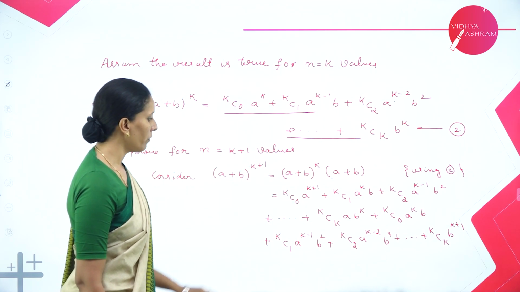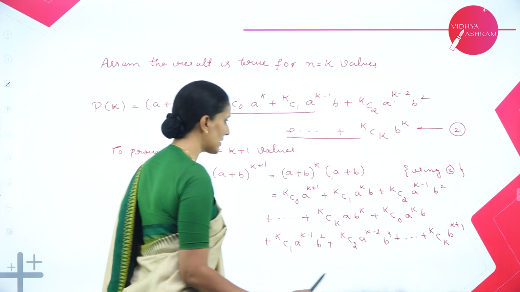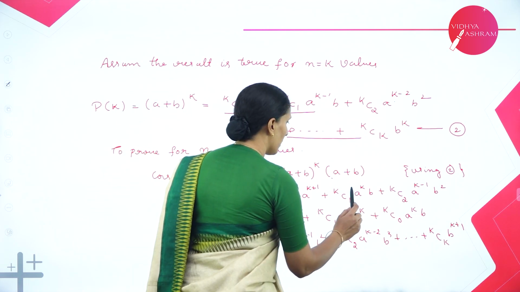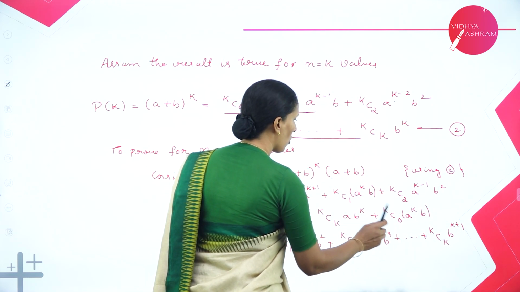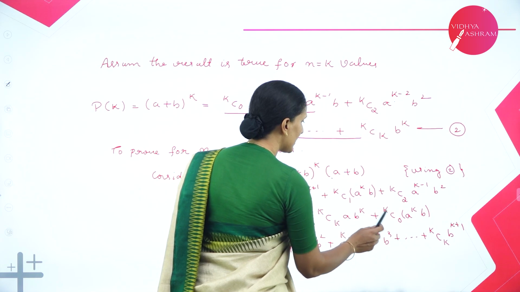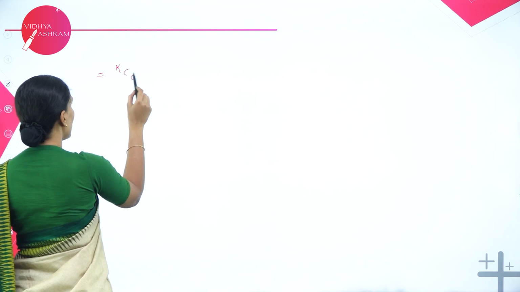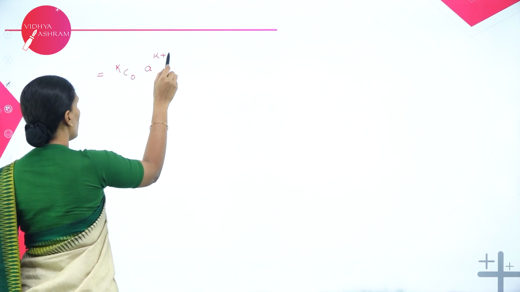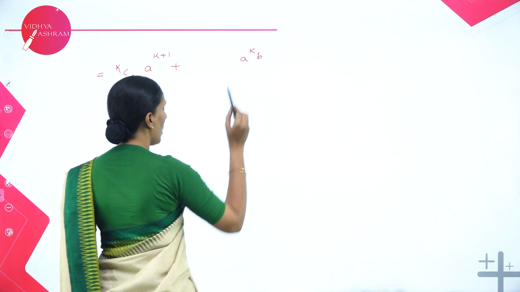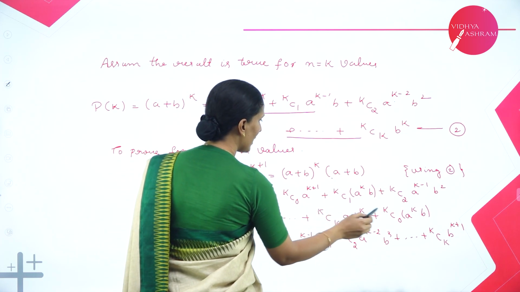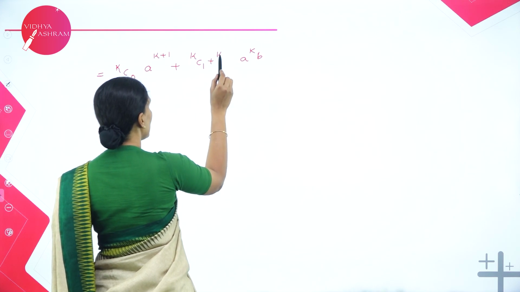Now here, observe we have a few common factors. So let us leave kC0 and kCk, the last term, as it is. Now consider these terms, a power k b, a power k b. If we take this as a common factor, we will get kC1 plus kC0. Let me write the first term as it is, that is kC0 a to the power k plus 1, plus. Now I am taking a power k into b outside, then I'll get kC1 plus kC0.